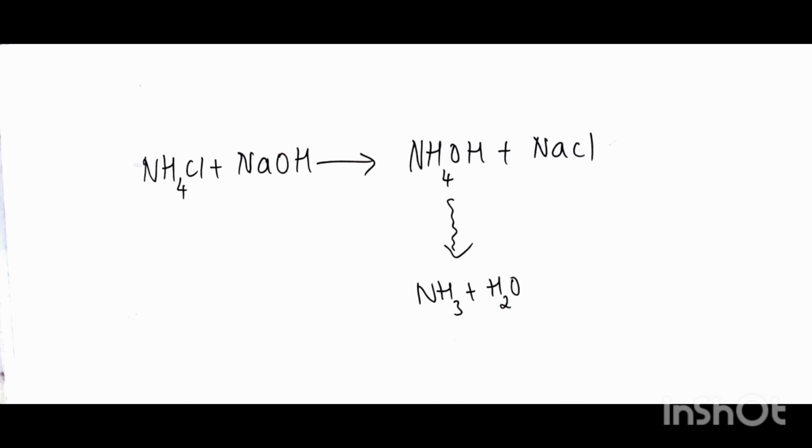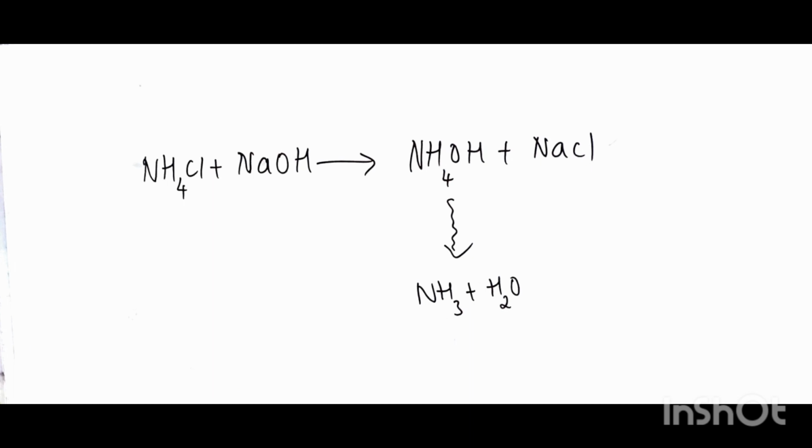Ammonium chloride and sodium hydroxide react with each other. There is exchange of ions, which we also call double displacement reaction, to form firstly ammonium hydroxide and sodium chloride. But ammonium hydroxide decomposes as ammonia and water.